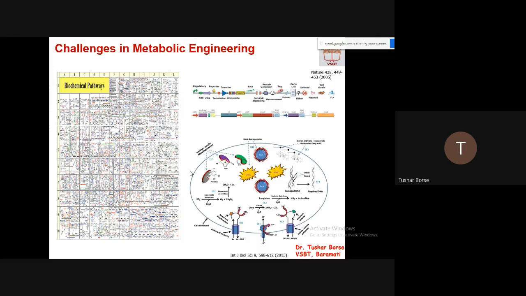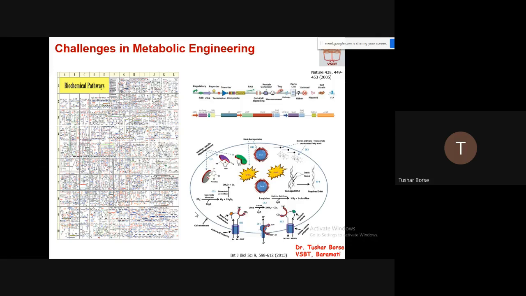Within the cytoplasm, it will be acted upon by the glycolysis pathway. Now the end product of glycolysis, that is pyruvate, cannot be converted into acetyl CoA or succinic acid in the cytoplasm. For that, it has to go into the mitochondria. Once it has gone into the mitochondria, it will be acted upon by the enzymes of the TCA cycle, and then you may get the succinic acid. Right.